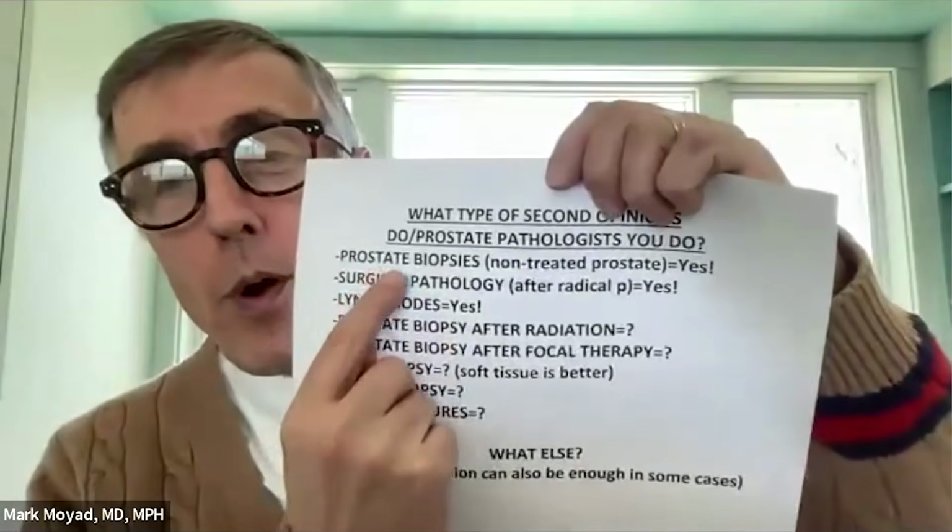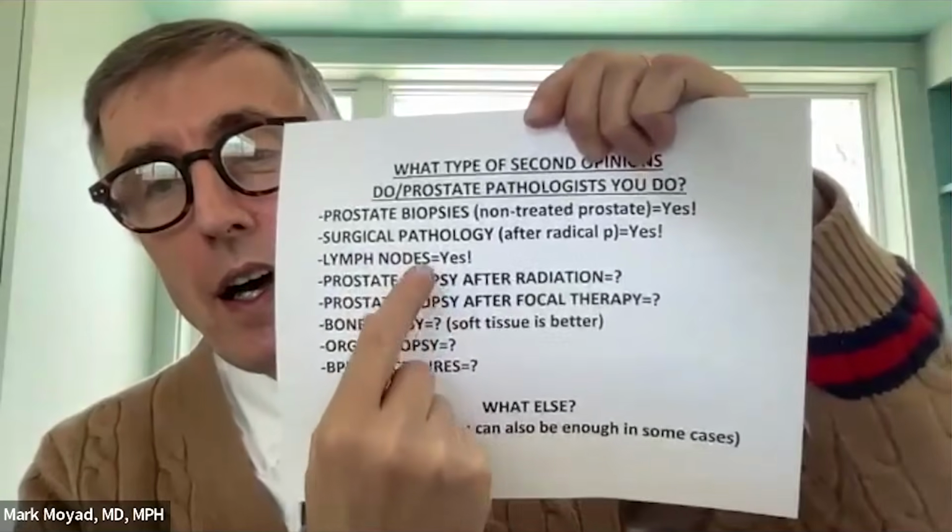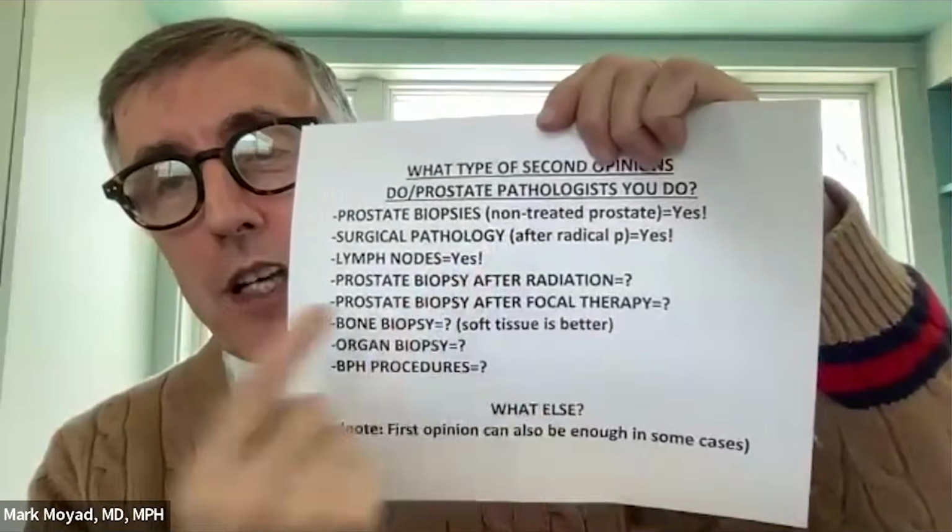All right, here's a question I've never seen anyone ask you in all the conferences I've ever attended. And maybe they have, but it's better if you tell the audience what your thought is on this. What type of second opinions do prostate pathologists do, including you? Everyone just talks about prostate biopsies, or surgical pathology after a radical prostatectomy.